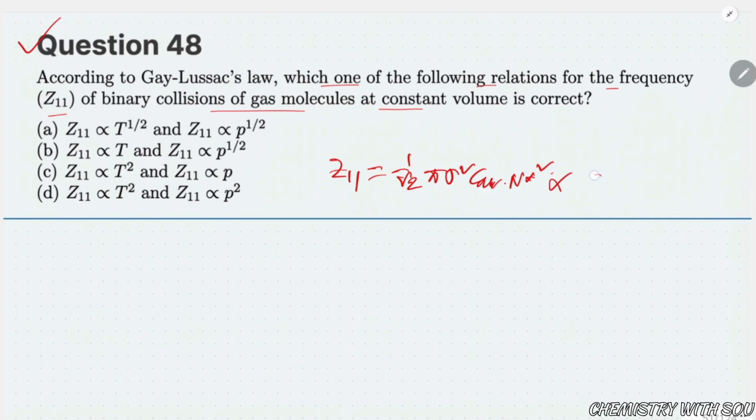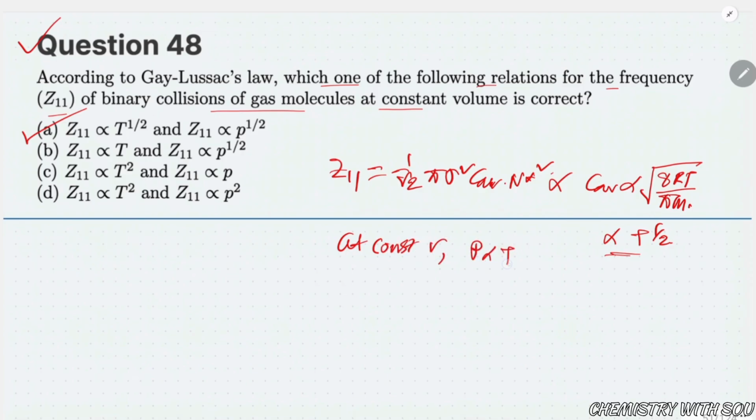It is directly proportional to C average, which is 8RT by pi m, meaning it is directly proportional to T to the power half. But at constant volume, P is directly proportional to T, so option A is correct.